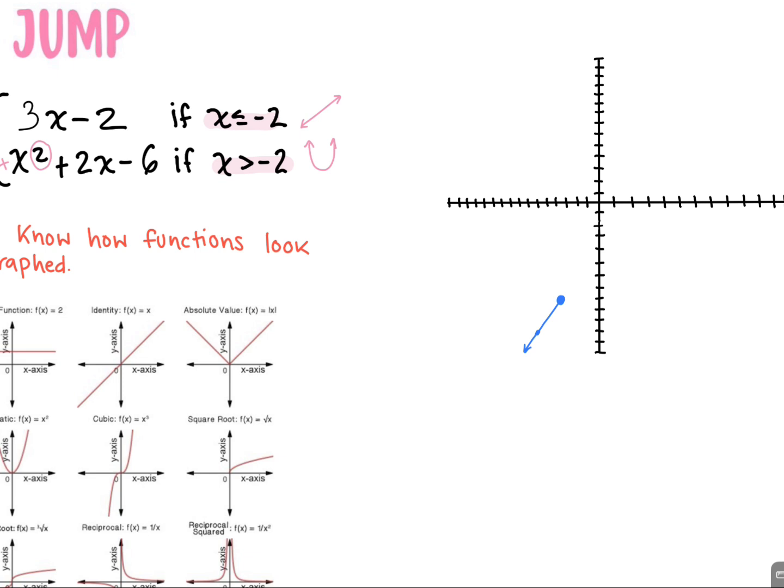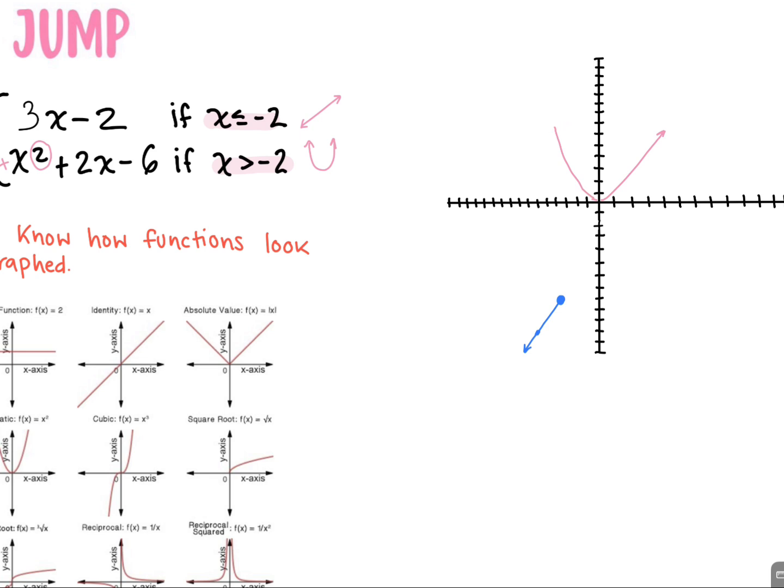Let's go ahead and plug the second function. This one's a quadratic function, right? This quadratic function would have gone through the origin like that.